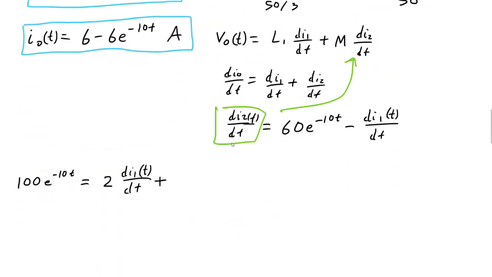Yeah, it's 4 Henry. So plus 4, we're going to put in I2, so it's going to be 60 e to the minus 10t minus dI1(t)/dt.